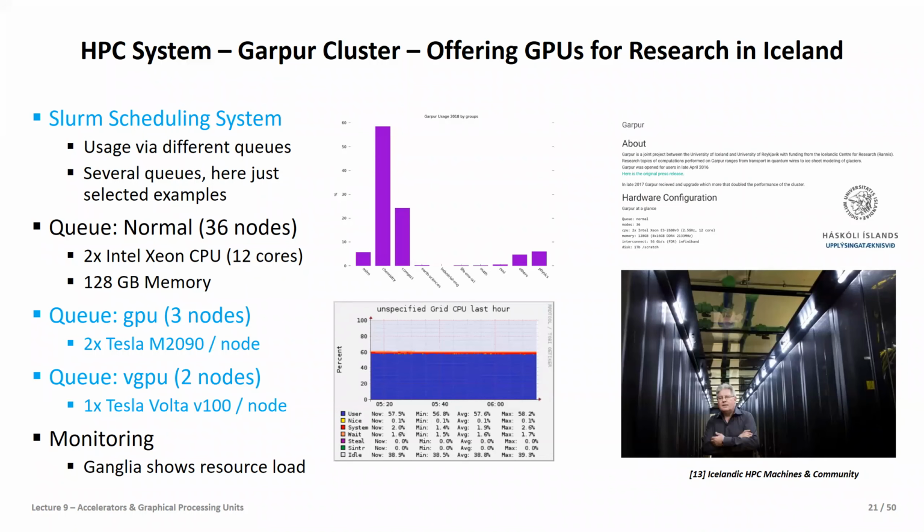Of course, Iceland is also part of the LUMI consortium, the supercomputer in Finland, which I will talk about a bit later. There we see GPUs, but they are the AMD Instinct MI100s, which is also quite interesting. So you have different technologies and different HPC systems.